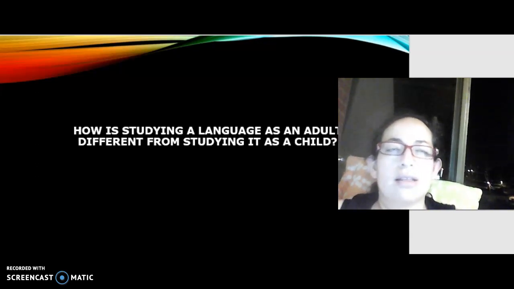In adults, it is more difficult because we are already used to learning differently, and because we already have a large amount of Spanish vocabulary in our mind.